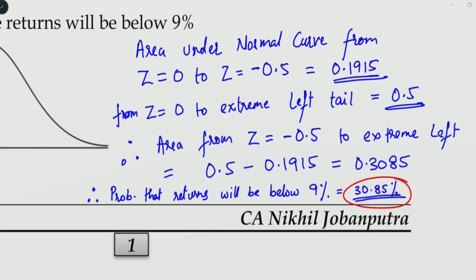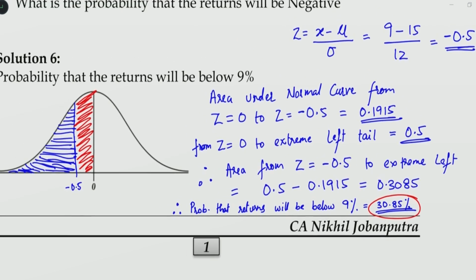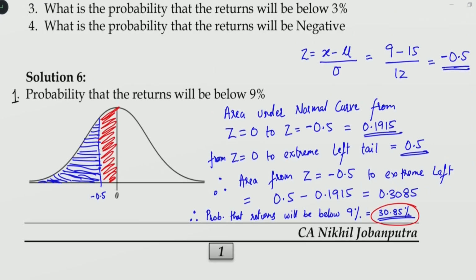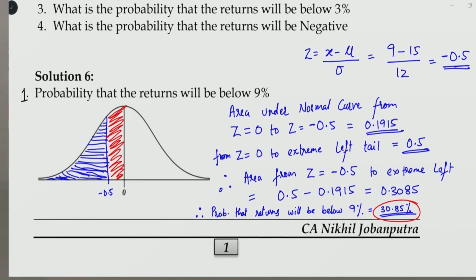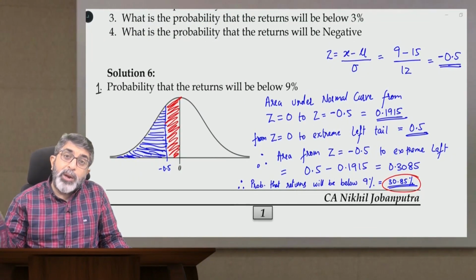Just in case if you haven't written, I'm giving you time, quickly take note of this whole thing. The whole solution along with the required area given over here, I'm presenting to you. I'll show you another alternate way of presenting this solution. So the question asked you basically, what is the probability that the returns will be below 9%?